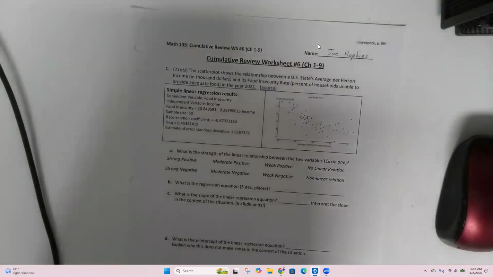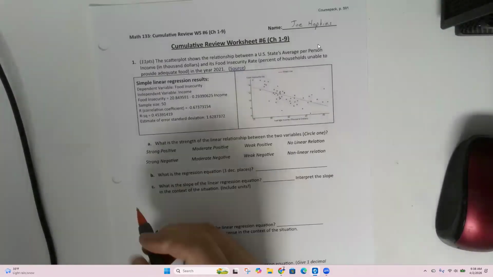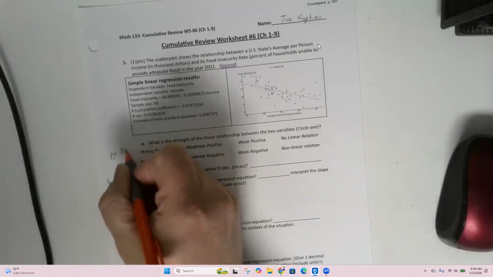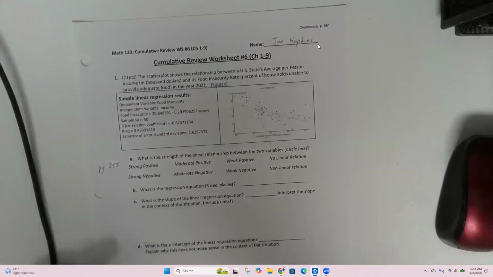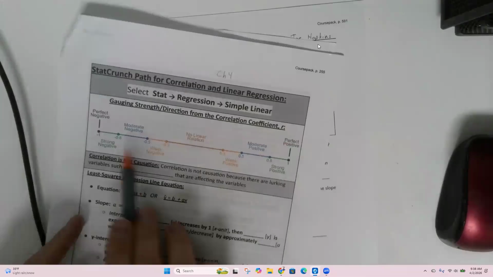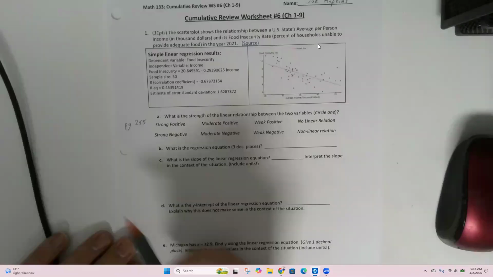If this was test day, where would I go to find the script for this? Rachel's got it. All the stuff is on page 255. Yes, that's all the chapter 4 linear regression stuff. There's a number line there on page 255 for what's the relationship.